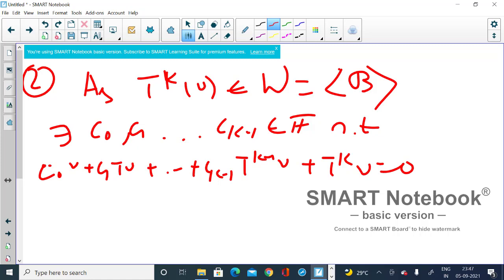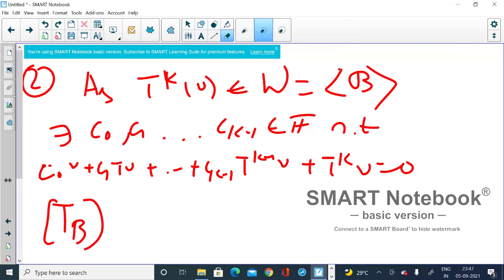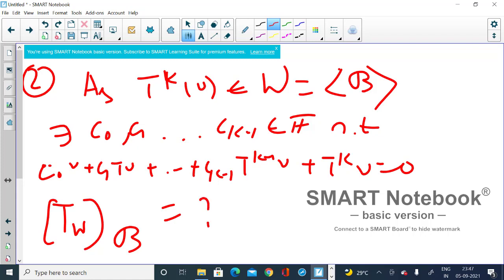Okay, and if this is the condition, then what will be the matrix form of T_W with respect to this basis? T_W, not T_B. What will be the matrix form of T_W with respect to the basis B? Now you can easily find it, because when you apply T on v, it will be Tv, right?